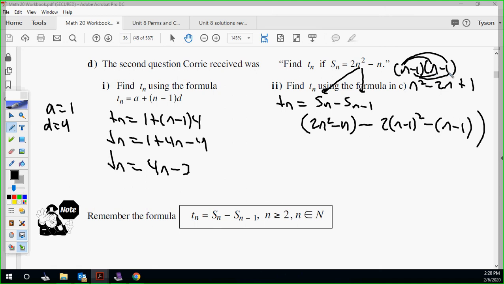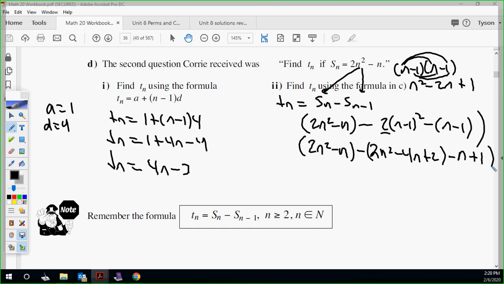And we're going to hit those all with a what? 2. So here's where we're at now, okay? Minus 2n squared minus 4n plus 2 minus n minus 1, or minus a minus 1, so plus 1.